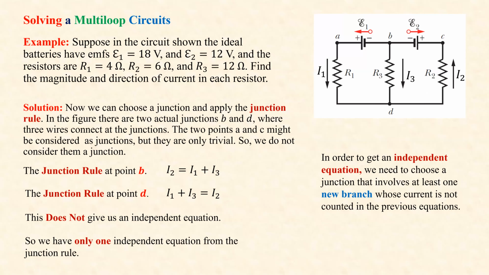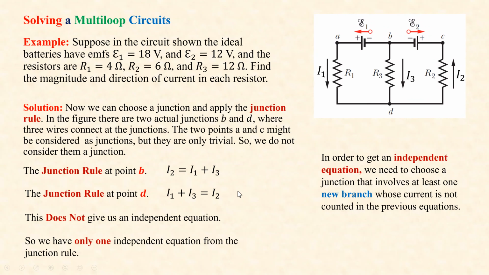In order to get an independent equation, we need to choose a junction that involves at least one new branch whose current is not counted in the previous equations. So when we write this junction rule, we use all these three branches. If you write this equation for this one, because you're using the same three branches, it doesn't give us any new information.